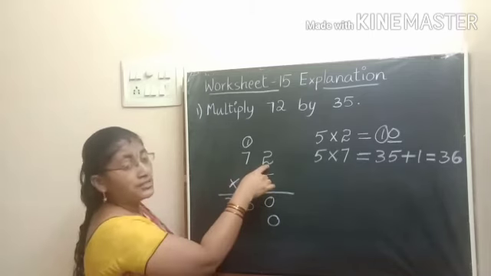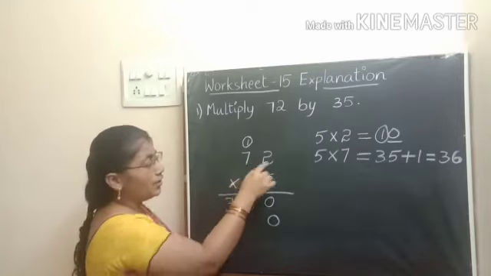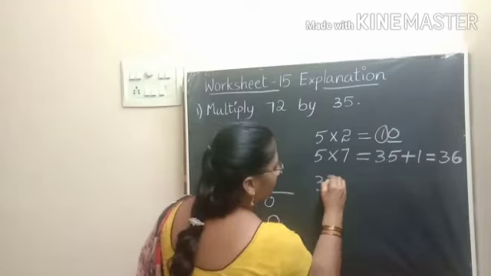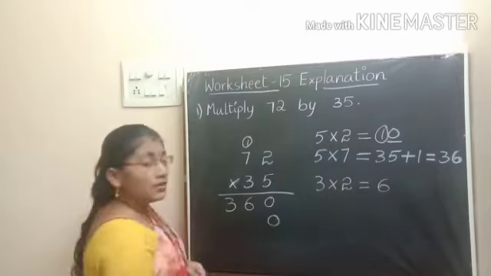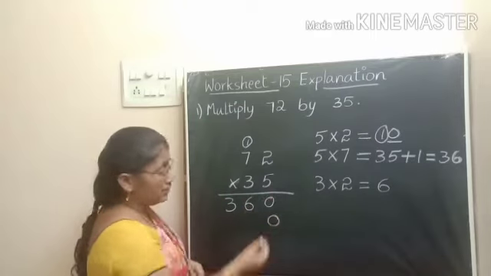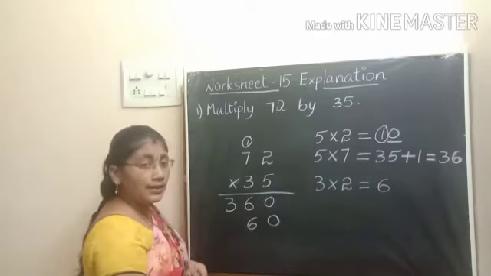3 into 2. First we should multiply the digit in ones place. 3 into 2 is equal to 6. We get only a single digit number, so we can write it directly.